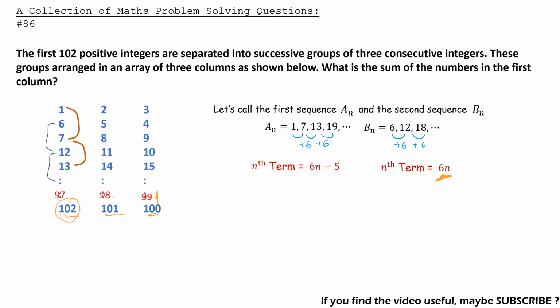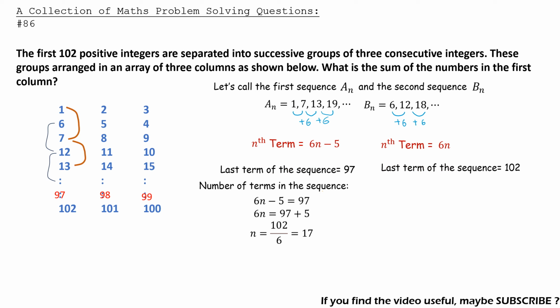So 102 is the last term of the sequence Bn, and 97 is the last term of the sequence 6n minus 5.